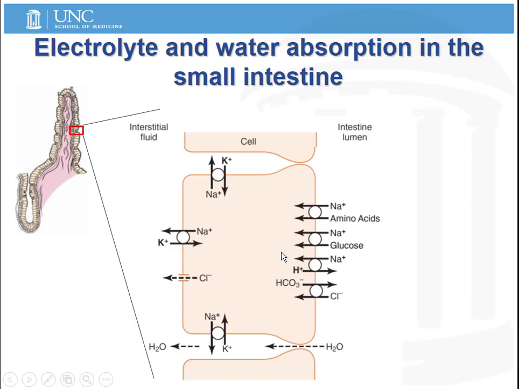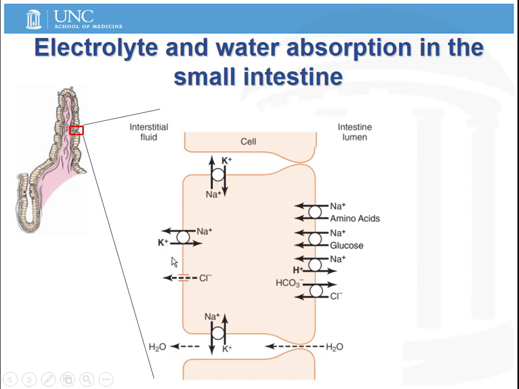In the intestine, there are several distinct sodium amino acid cotransporters, each one specific for a different class of amino acids, and they're responsible for the sodium-coupled absorption of amino acids. There's also a sodium glucose cotransporter, and this is responsible for glucose uptake across the luminal membrane, and both of these are examples of secondary active transport.